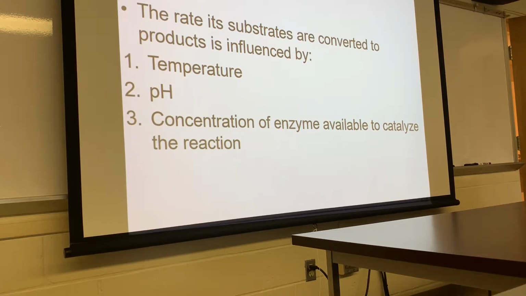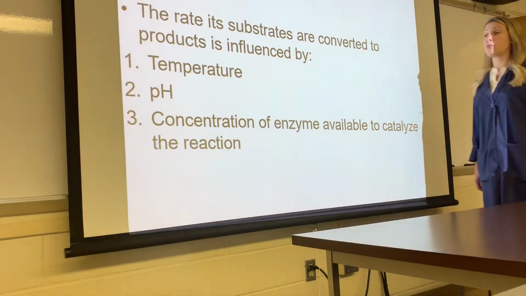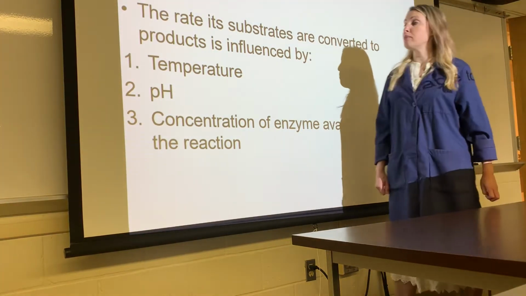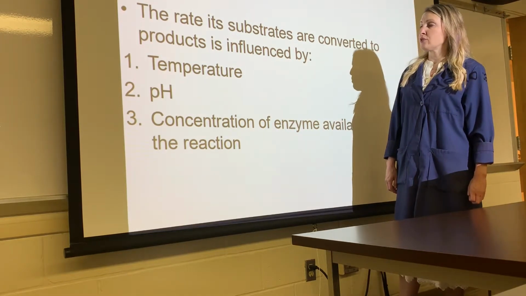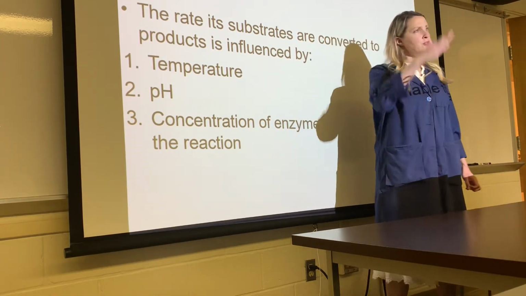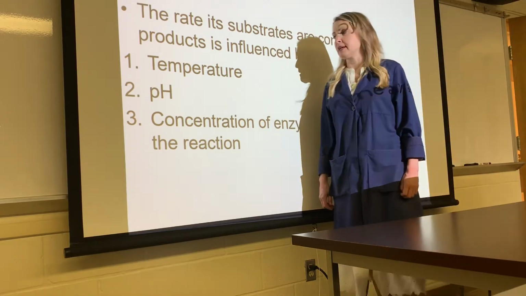Well, it slows down, but the reason is, as Kirsten said, because it denatures the proteins, right? So they unfold and the enzymes can't work anymore. So we can increase the temperature to a point and we increase how quickly the substrates are converted to products, but only to a point, after which we start to decline rapidly.